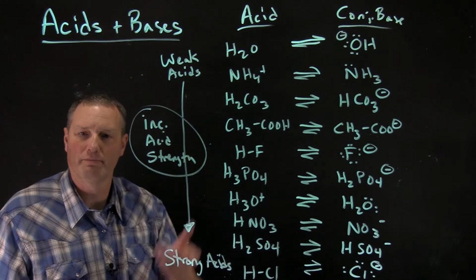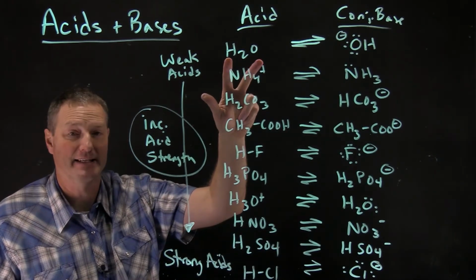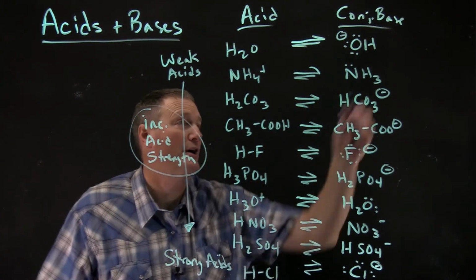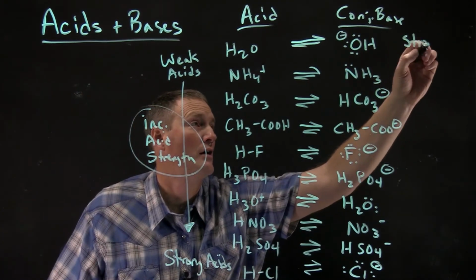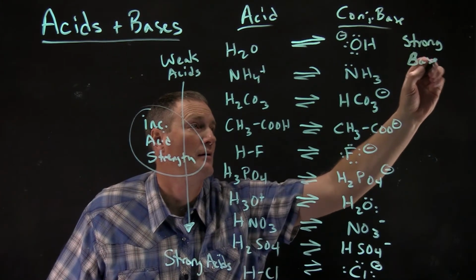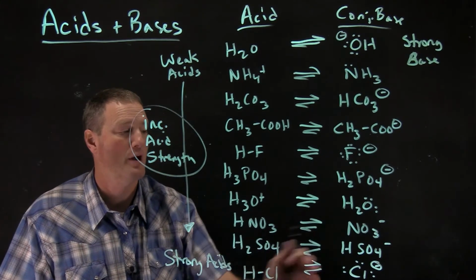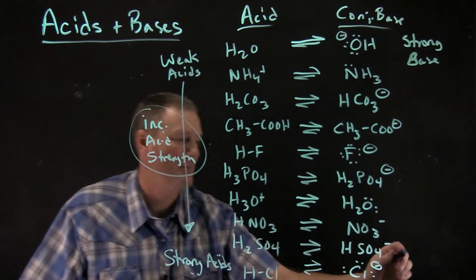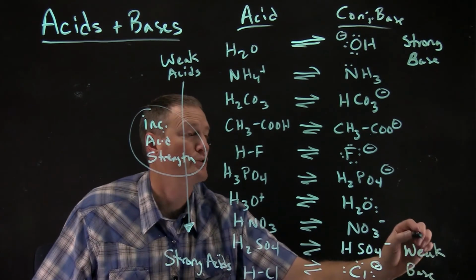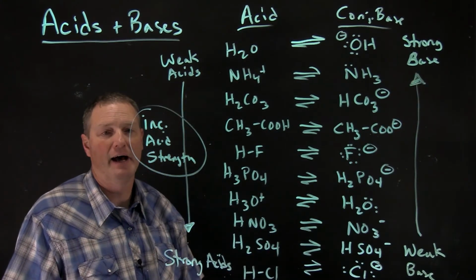Now, recall in the previous section I mentioned that if you have a weak acid, it will give a stronger conjugate base. So over here, we have strong bases. And if we have a strong acid, like HCl or H2SO4, those give weak conjugate bases. So our trend is going in the opposite direction in terms of the basicity of the conjugate bases.